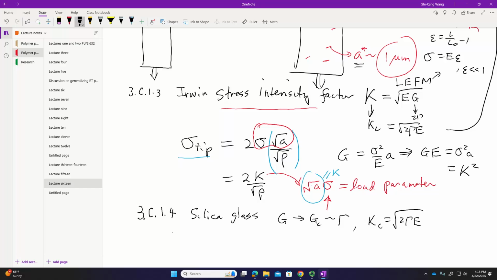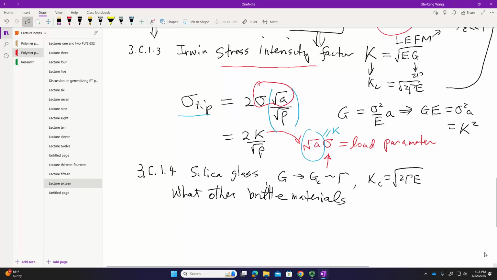But what about other brittle materials? Historically, of course, the first thing you worry about is metal. And there were confusions, as I conversed with our last week's speaker, that they may worry about this metal being above or below the brittle-ductile transition.